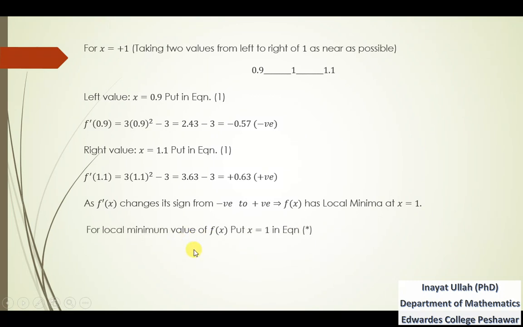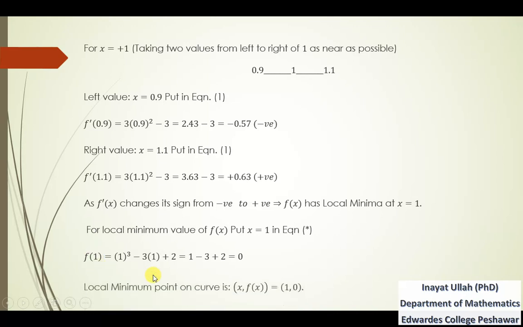For that local minimum value, we put x equal to 1 in the given function. Whenever you put x equal to 1 in f of x, we obtain f of 1 equal to 0. So this is the minimum value of the function. F of 1 is equal to 0, and that minimum value occurs at x equal to 1.